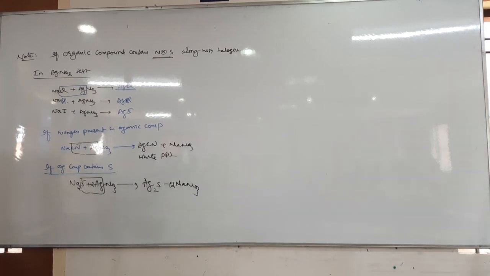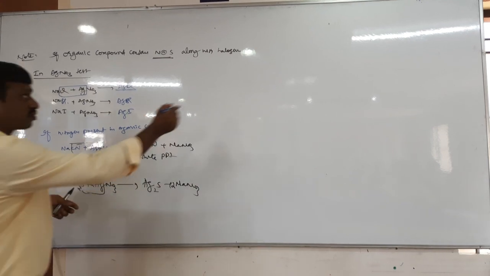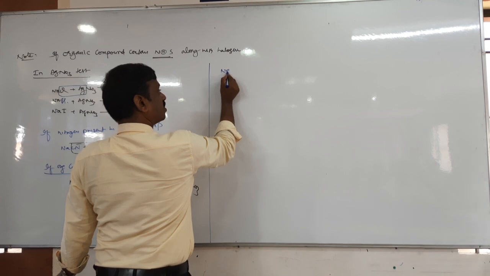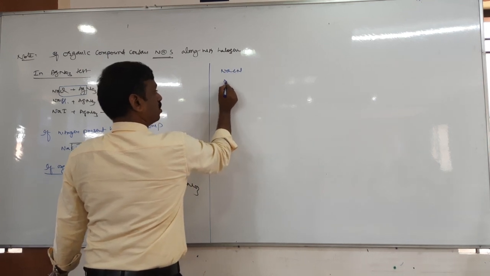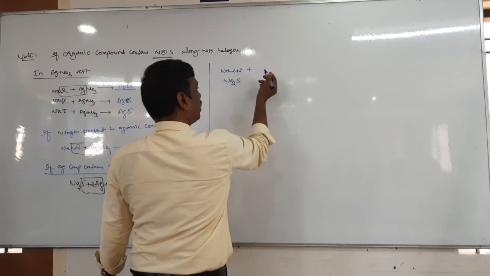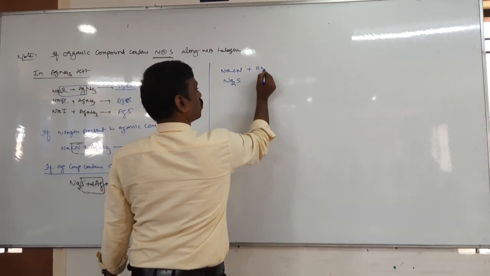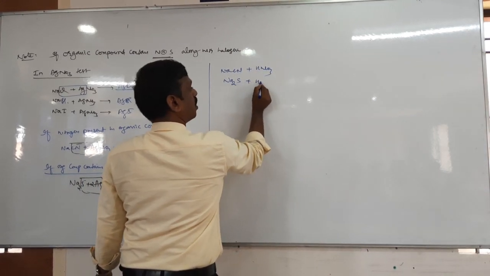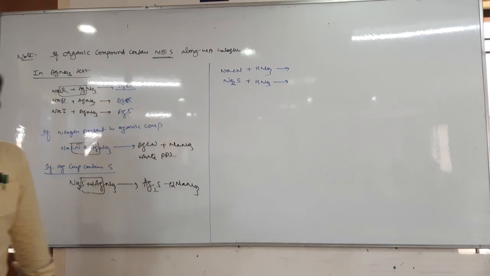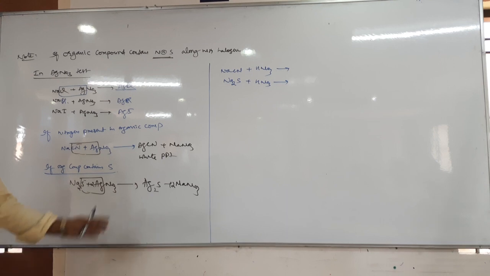Then how do you destroy them? To destroy the sodium cyanide and sodium sulfide, the SFE is treated with concentrated HNO3. This has to be done before the silver nitrate test.